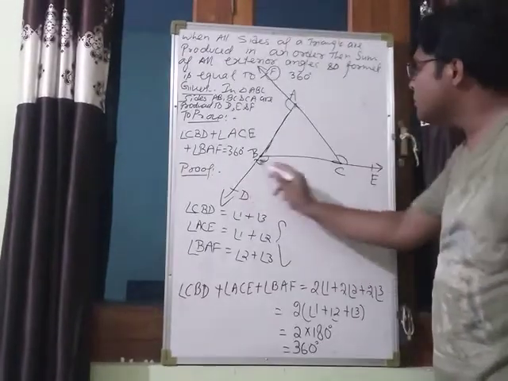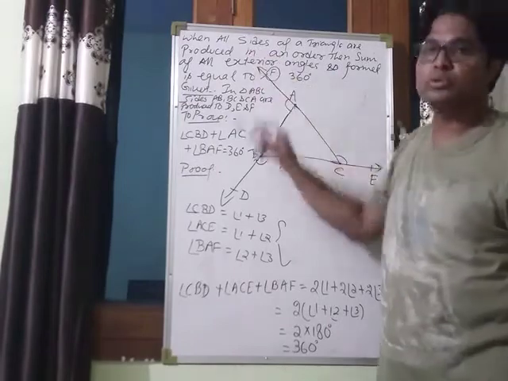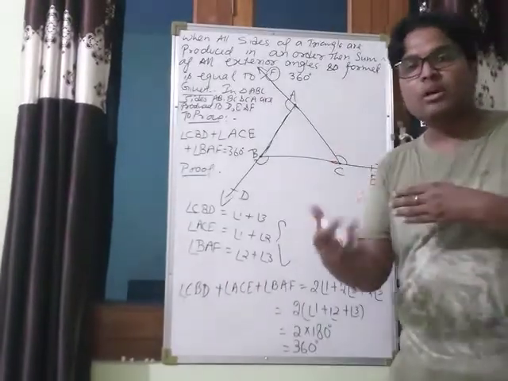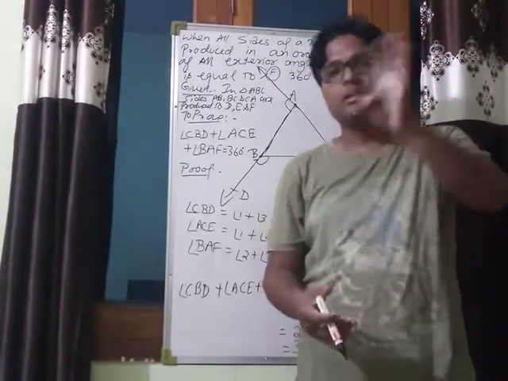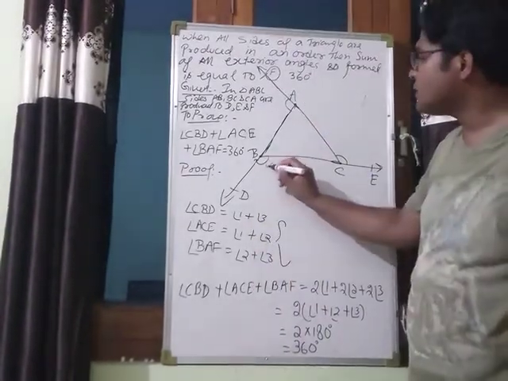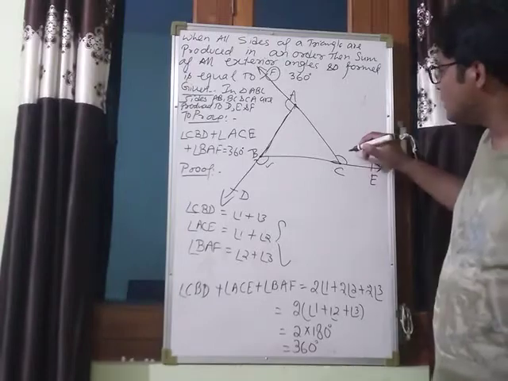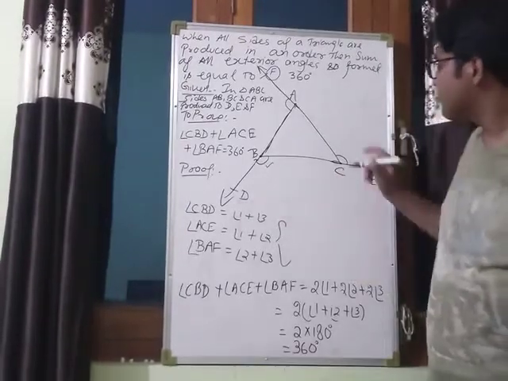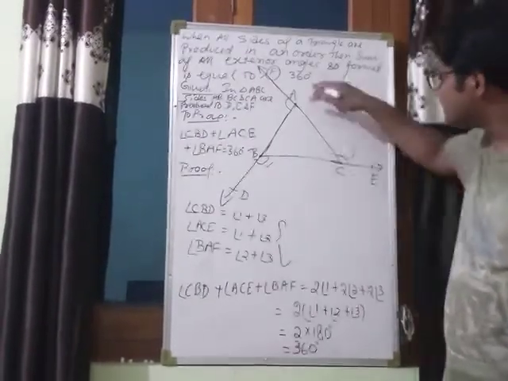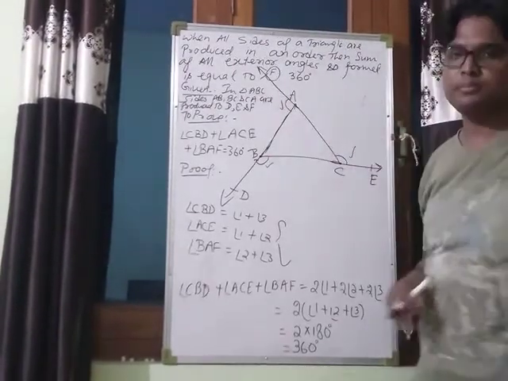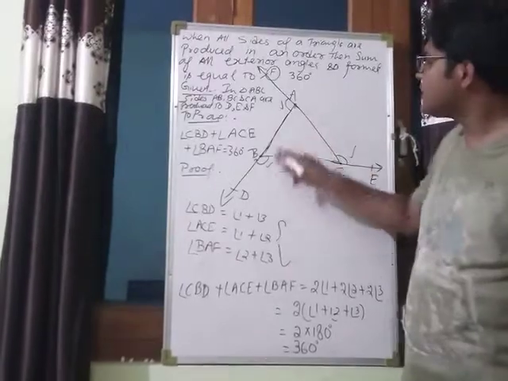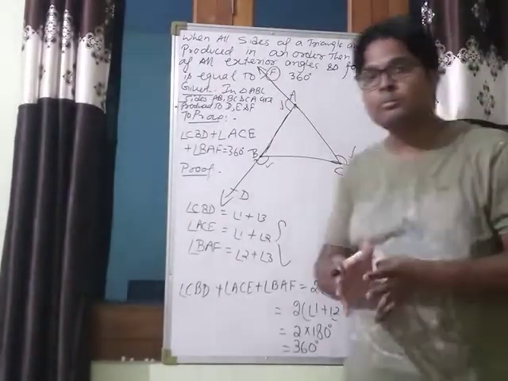This is called production of the sides of a triangle in an order. Then you can see exterior angles are formed: this one, that is CBD, this one, that is ACE, and this one, that is BAF. These three exterior angles are formed.